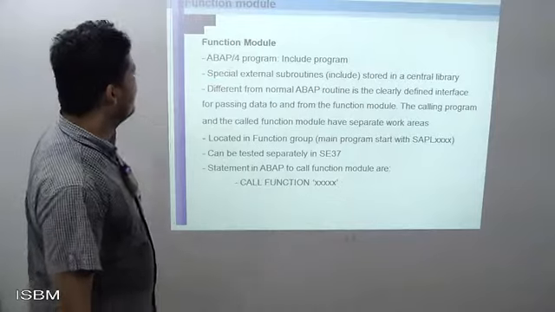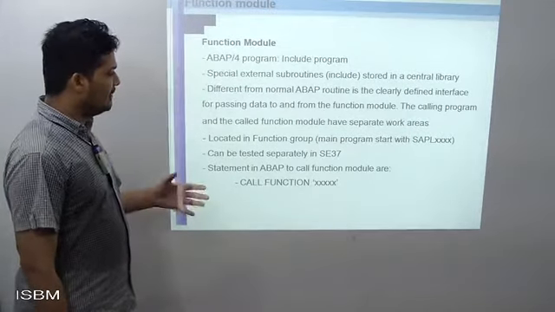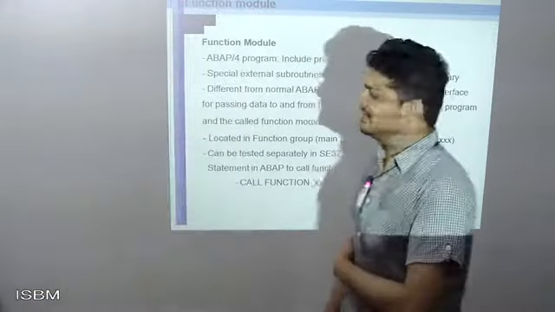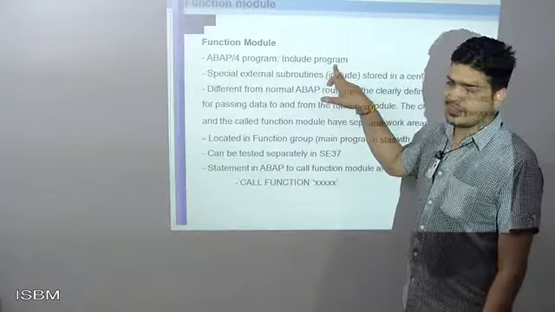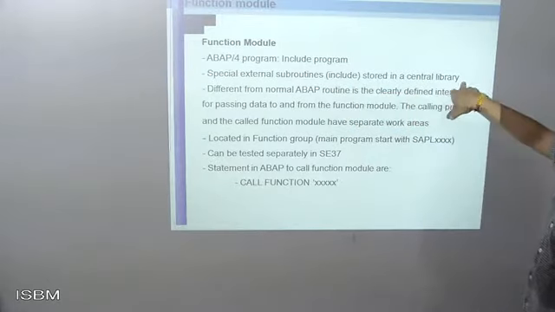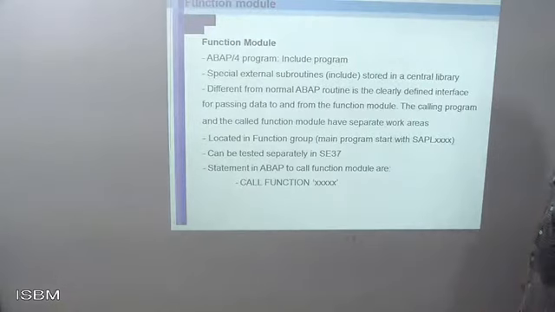The function module. We have seen that the function module is a piece of code which is used with transaction SE37. First of all, it is an include program. A special external subroutine include is stored in the central library. Different from a normal ABAP routine, it has a clearly defined interface for passing data to and from the function module.